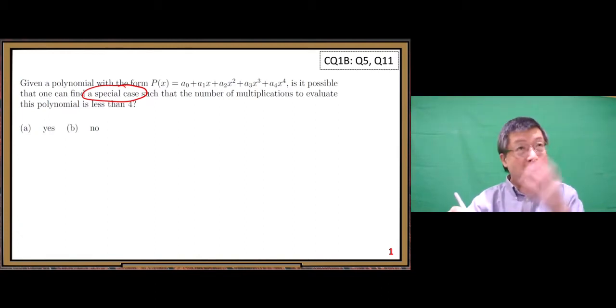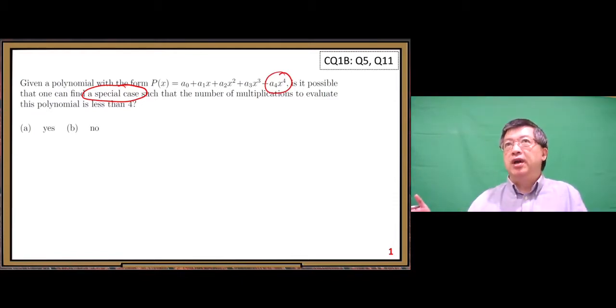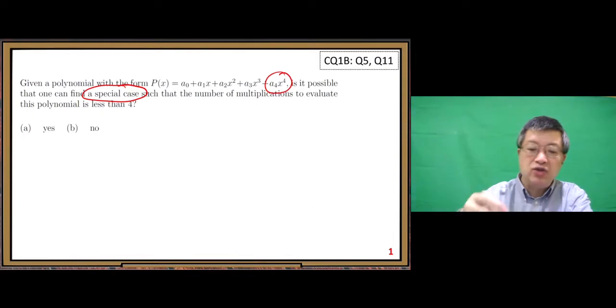Because by Horner's rule, we need to use 4 multiplications, but that's for the general case. In a special case, we may have some special structure we can take advantage of.